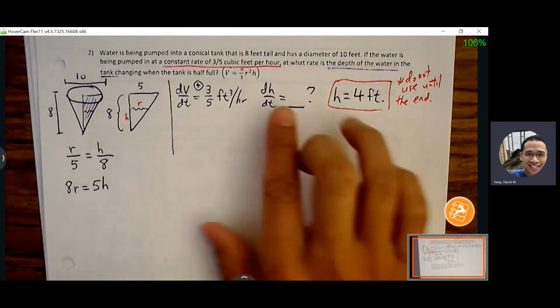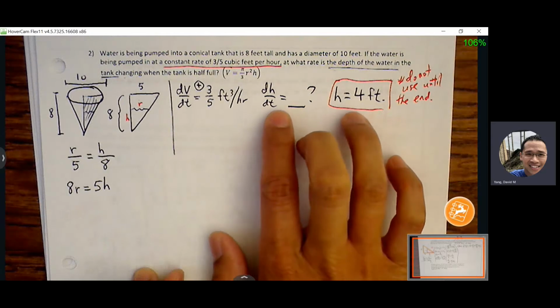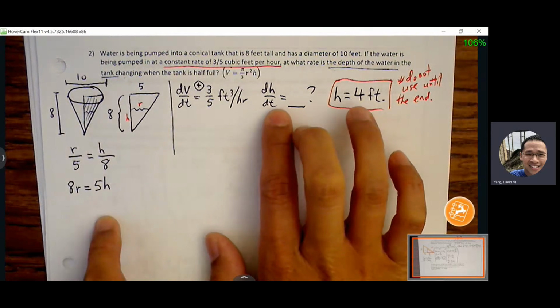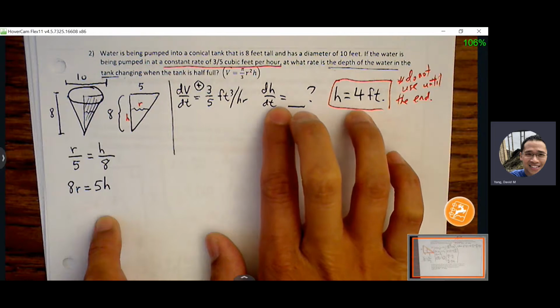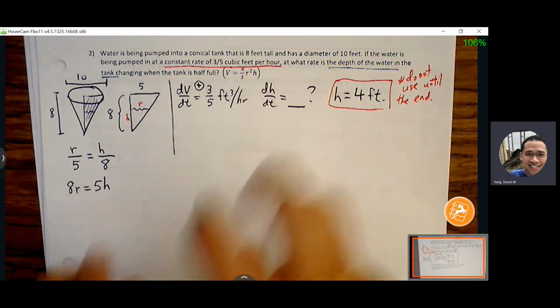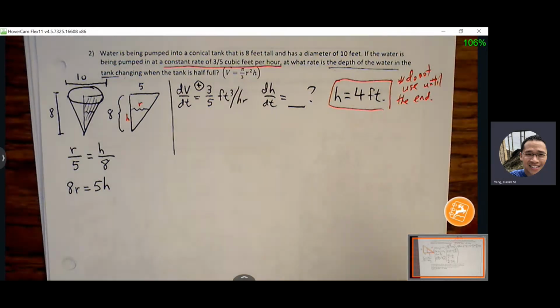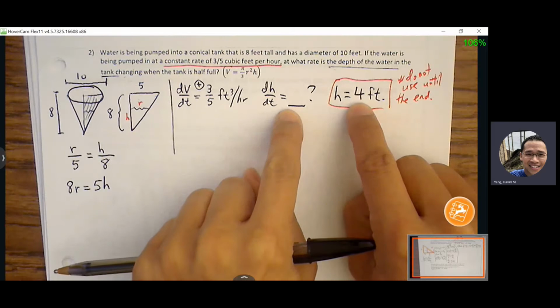Okay, however, this is helpful in telling us which direction to go in, right? We're looking for dH dt, we have h, so we have to make a substitution, right? That means we would prefer to get the radius out of the way so that h's are the only variable involved, and h's will just naturally produce these things for us.